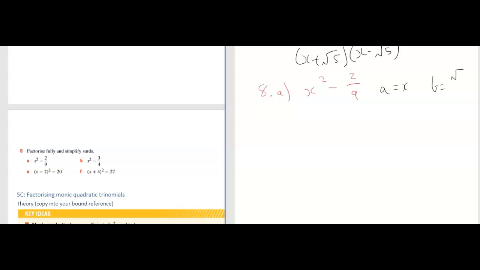Now, remembering your surds, can we take the square root of 2? No, but we can take the square root of 9, so it's just going to be 3. Okay, so B is equal to root 2 on 3. So when we factorize, we're going to have x plus root 2 on 3, and then x minus root 2 on 3.